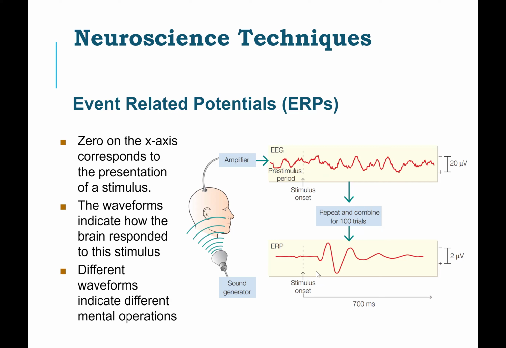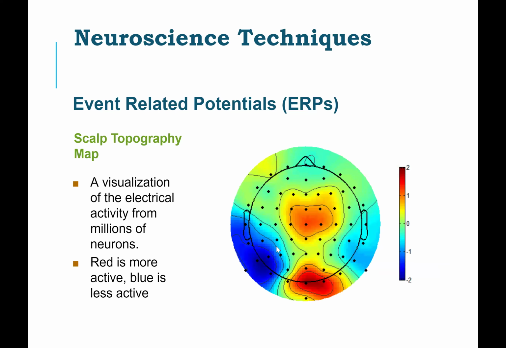And when you average them out, you get something they call an event-related potential because it's related to this event. Then you're recording from the entire scalp, so you could create a figure like this and say, look, these areas of the cortex that sit underneath the scalp are more active than these other areas of the cortex.